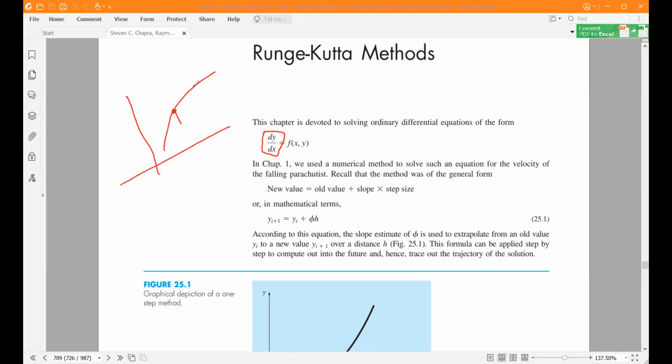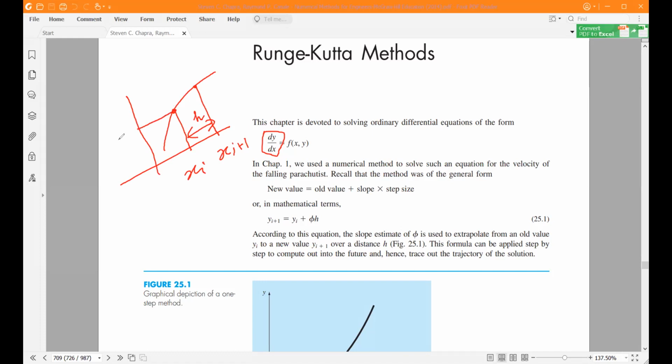You have two values at these two locations: one at xi plus 1, another at xi. This point is xi, this point is xi plus 1, the independent variable, and this difference is what? Is it not a step size?